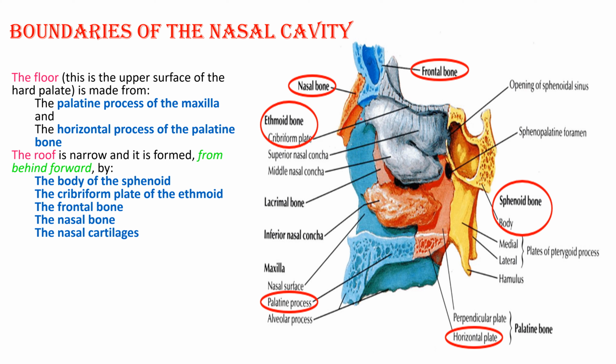While in the roof, if you look here, you have the body of the sphenoid bone, the cribriform plate of the ethmoid, the frontal bone here, and the nasal bone, plus the nasal cartilage. So the structures we have in the roof of the nasal cavity are five: sphenoid bone, cribriform plate of the ethmoid, frontal bone, nasal bone, plus the nasal cartilage. Any question?